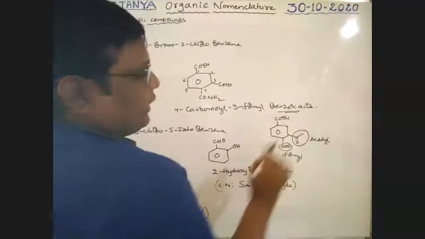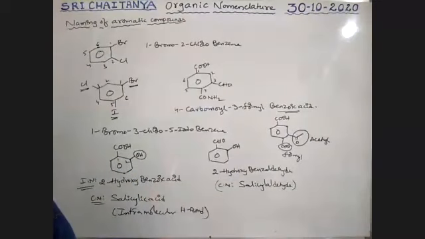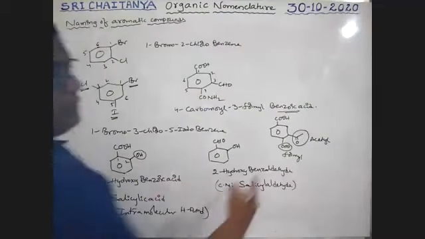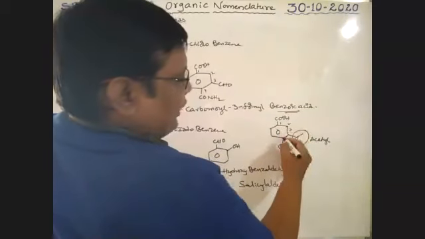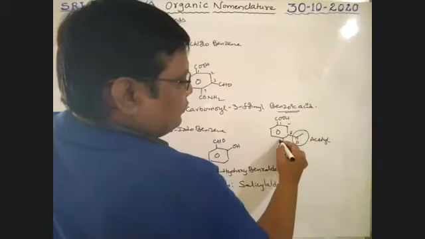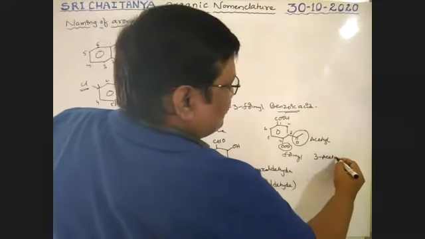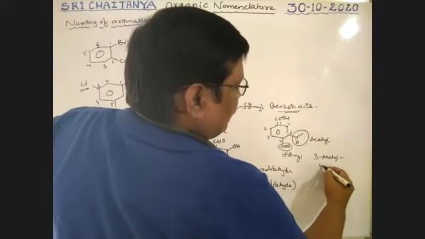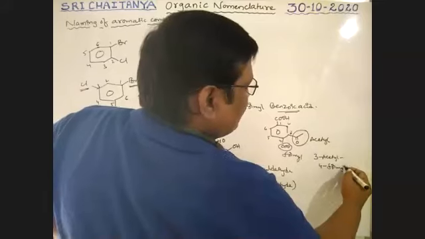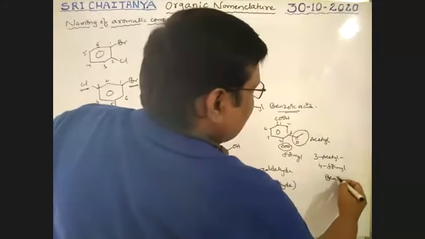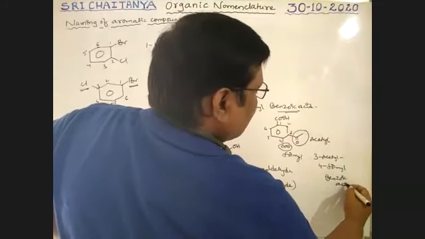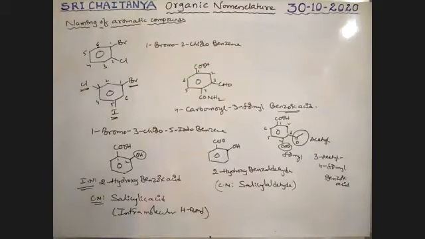It is benzoic acid. Write down the name. That is 1, 2, 3, 4, 5, 6. 3-acetyl, 4-formyl benzoic acid. Okay, that is the name of that compound.